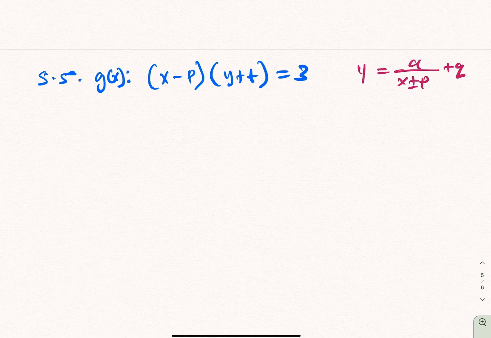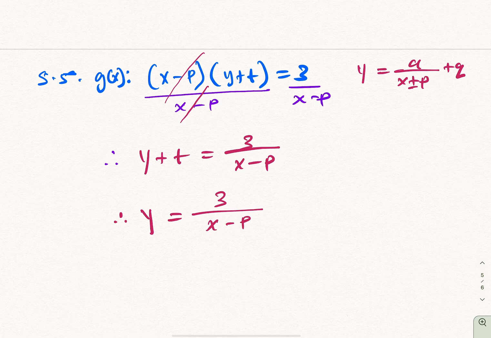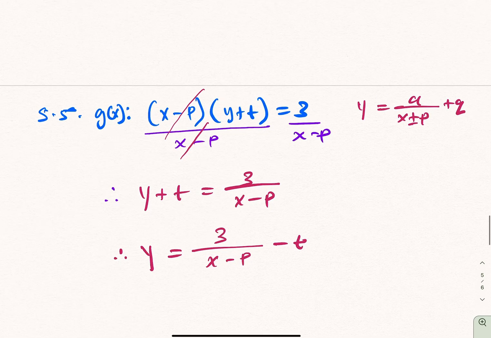That means you need to divide throughout by x minus P. So this will then undo each other with those two terms. So you're going to have y plus T is equal to 3 divided by x minus P, like that. So if you make y the subject of the formula, you're going to get y equals 3 divided by x minus P, and then minus T. But this situation is given at the point just right here.